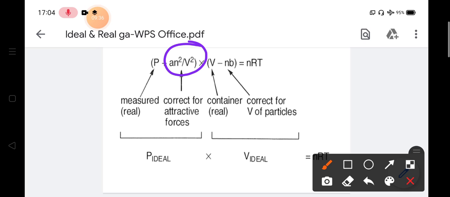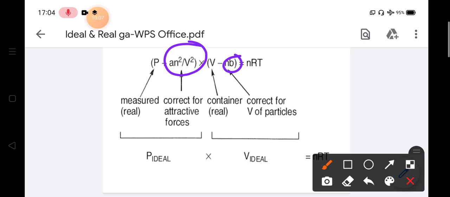The a n square by V square term is the corrective term for the attractive force. As real gases have some attractive force between the particles, it is called an attractive parameter or a term for attractive forces. But the nb term is here to correct for V, as the particles of real gas have their own volume.